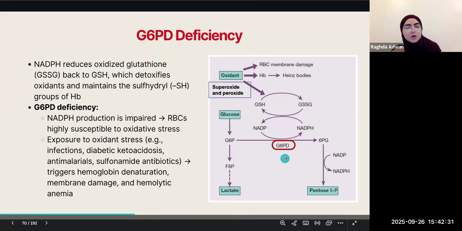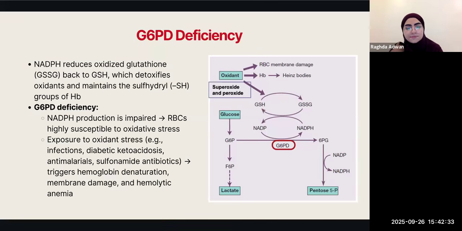G6PD, glucose-6-phosphate dehydrogenase. So G6PD is regenerating NADPH. NADPH is regenerating reduced glutathione. Reduced glutathione is taking on the oxidative stress in your body in order to maintain everything being normal and the oxidation not going to your hemoglobin or red blood cells.